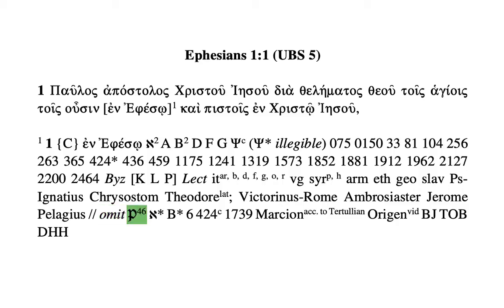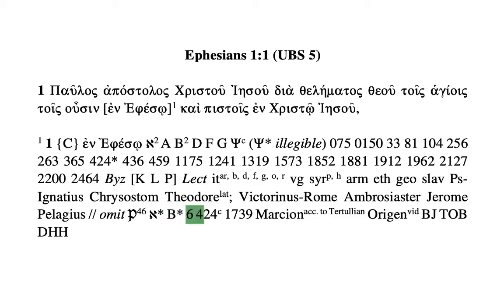First, in evidence for the omission is Papyrus 46. Then the original hand of Aleph, or Codex Sinaiticus, which we saw earlier. The corrected reading of Sinaiticus has the words inserted. Vaticanus, or B, again, the original hand is being indicated by that asterisk.